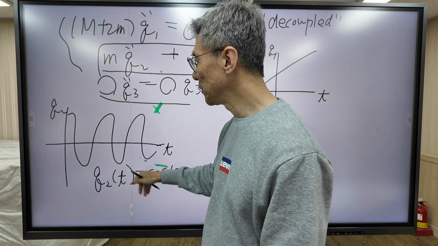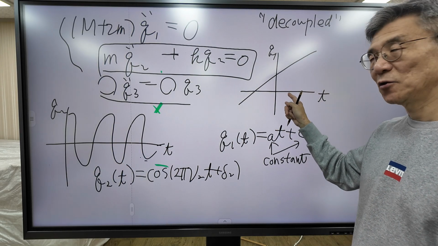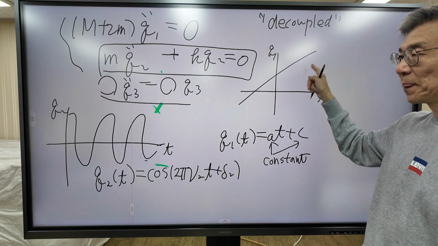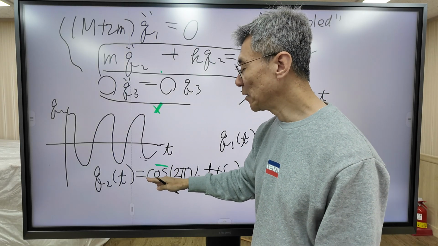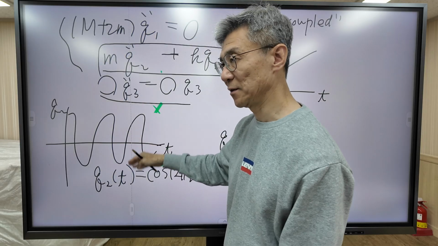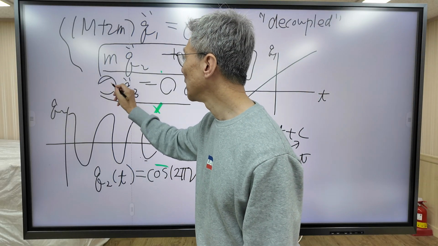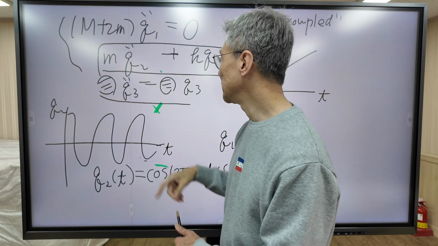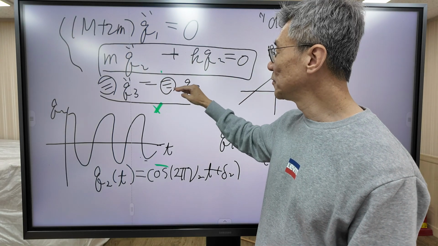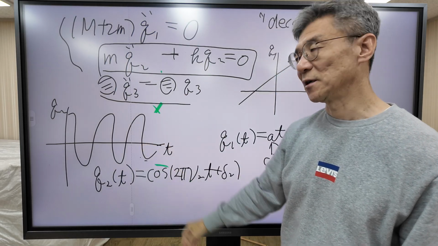It oscillates between positive and negative values. It is different from Q1. In Q1, this is a linear function. It increases with time. But the Q2 function oscillates periodically, plus value, minus value, an oscillation function. And similarly, this coefficient may be complicated, but basically it is a simple harmonic motion, with a similar structure. So when you solve this equation, it looks like the same pattern, a harmonic oscillation function.